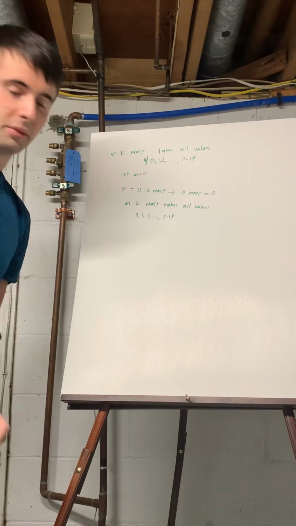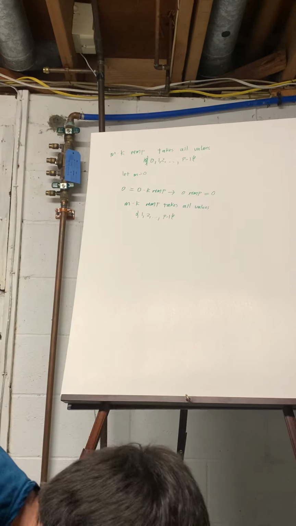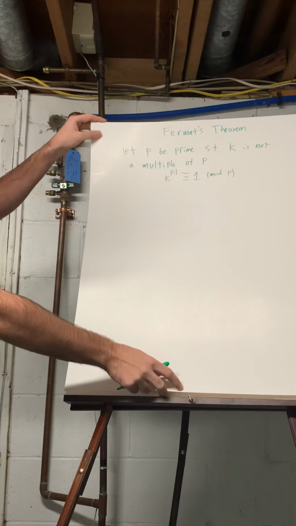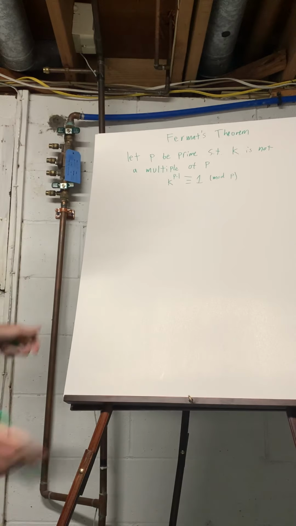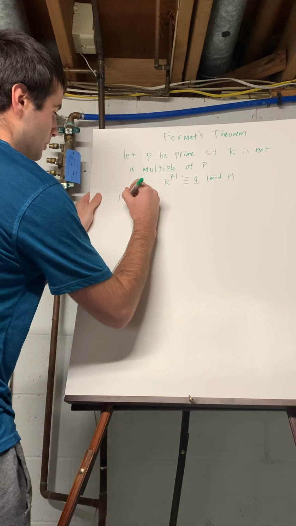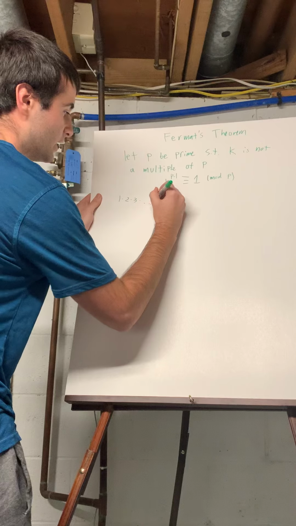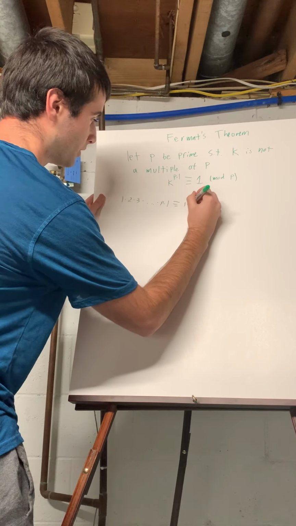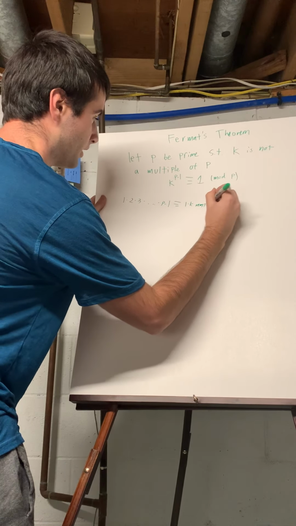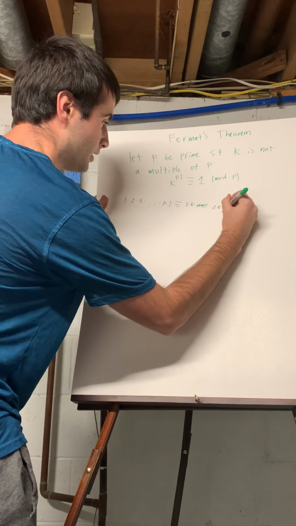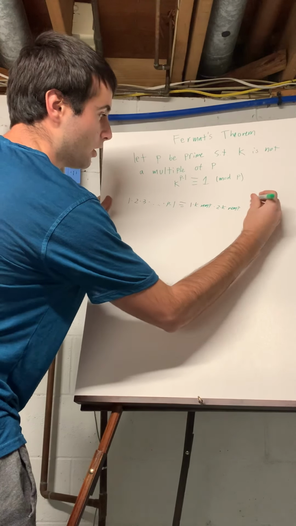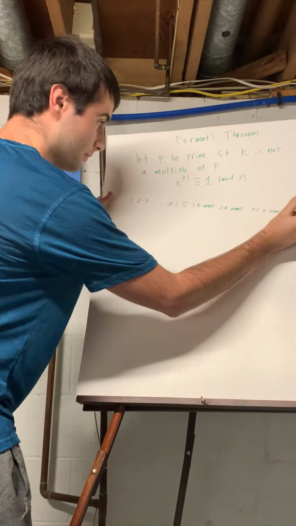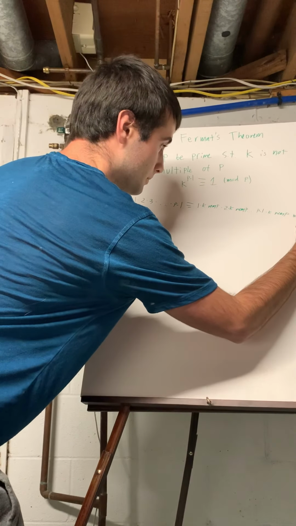Alright, so we're going to use this, and go back to our original Fermat's theorem. From there we can say that 1 times 2 times 3 times up to p minus 1 is congruent to 1 times k rem p times 2 times k rem p all the way up to p minus 1 times k rem p, mod p.